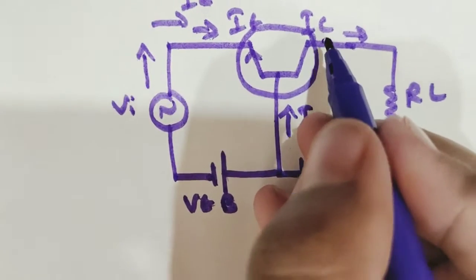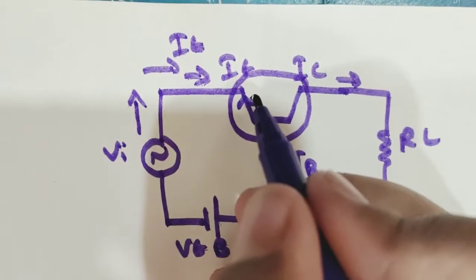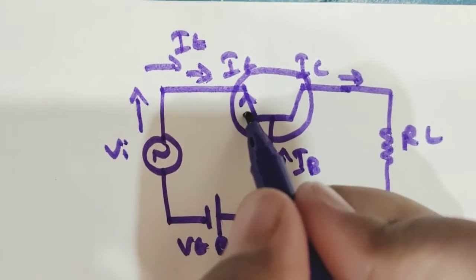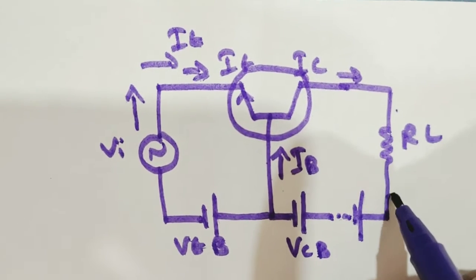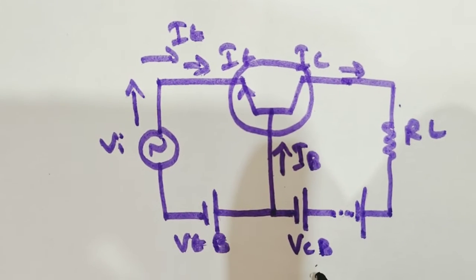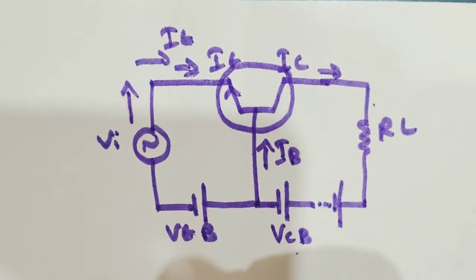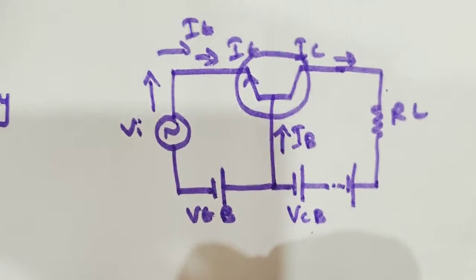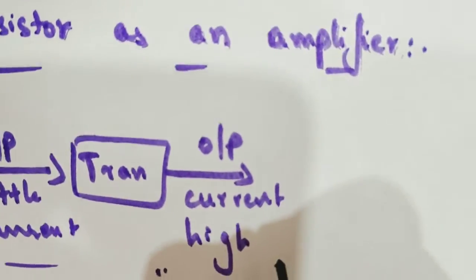Previously the collector has a certain current within the circuit, and when the emitter current is passed on to the collector current, it is passed to the load resistance RL, and across the collector base voltage a high amount of output voltage is generated. That is, as I said previously, a little amount of input current generates a high output current.